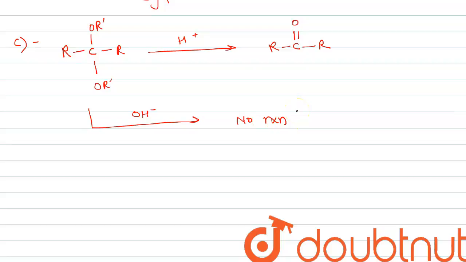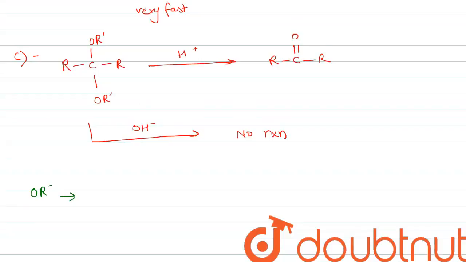Okay, why? Because as we know, the alkoxide OR minus is in this case here. This does not remove as an O minus ion leaving group very easily.